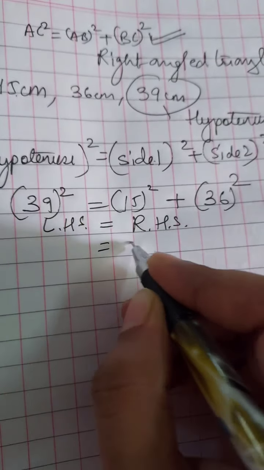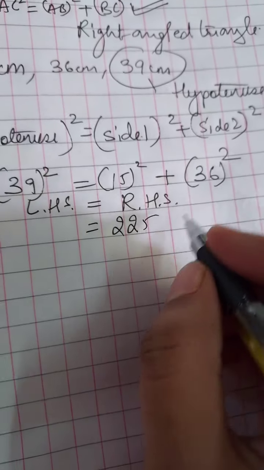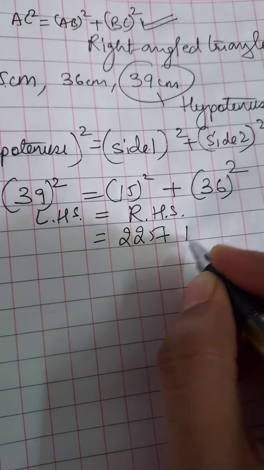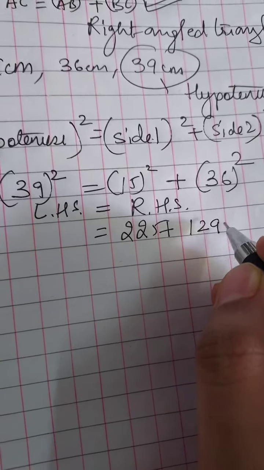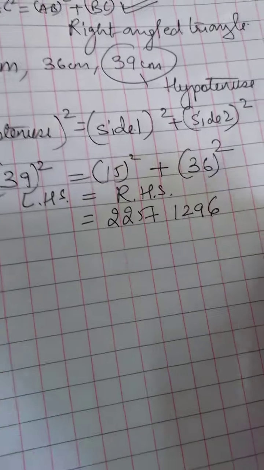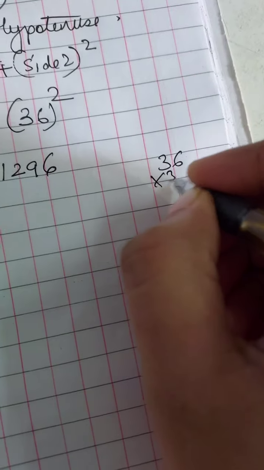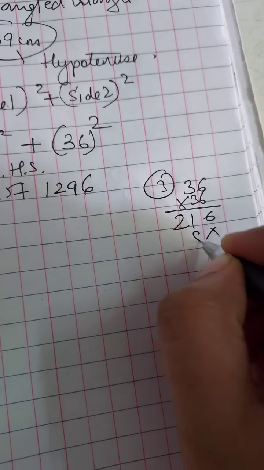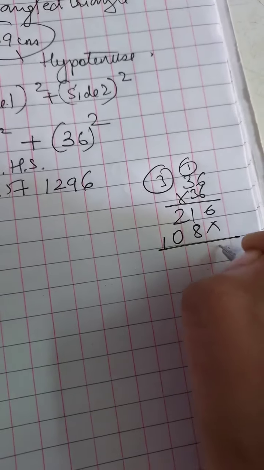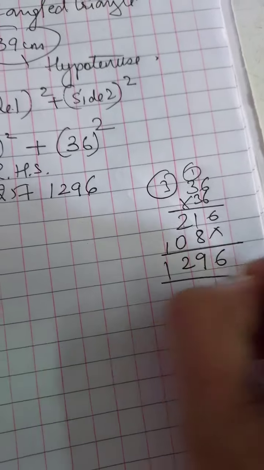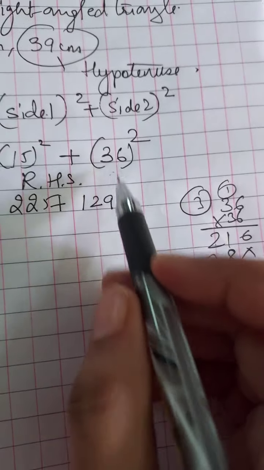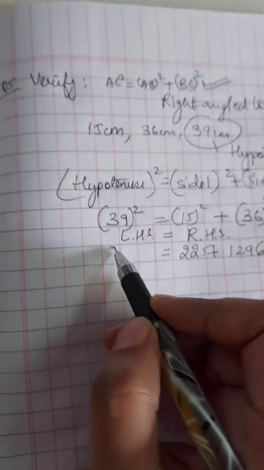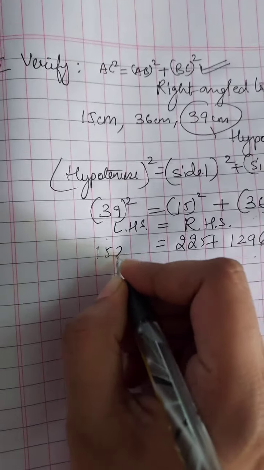15 square is how much? 225. And 36 into 36 will be how much? 1296. Okay, you can go in the rough column and quickly multiply to find out what the number will be. So 36 square is 1296 and 39 square is how much? 1521.